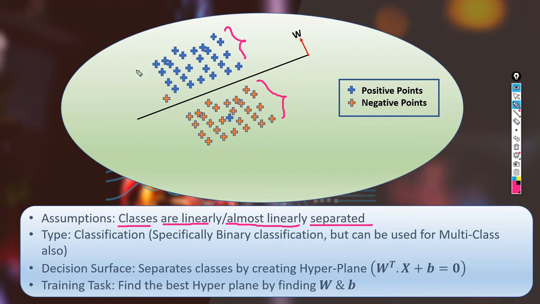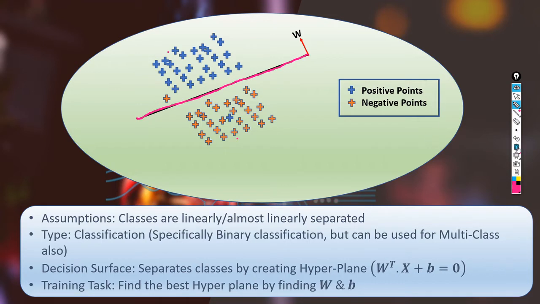If I visualize the classes, here in this example the positive and the negative classes, we can draw a straight line in two dimensions, or a hyperplane in higher dimensions, that almost separates both the classes.